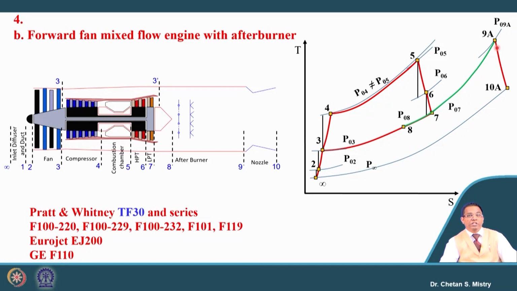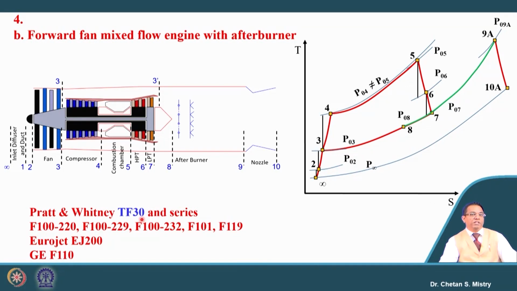Many times these fighter planes need to go with maneuvers. So, these maneuvers also can be done by using this kind of thrust augmentation or afterburner. So, these are the applications. Almost all fighter aircraft engines which are being made by companies called Pratt and Whitney, or maybe Eurojet, GE, Russian engines, all these engines are of low bypass ratio configuration, and they are with afterburner.